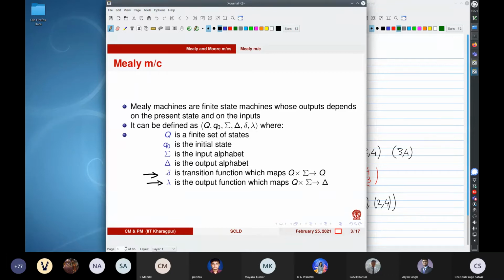The others you also specify, it's not that you don't, but those are easily inferred. The transition function and the output function have to be specified, and they really characterize your machine.